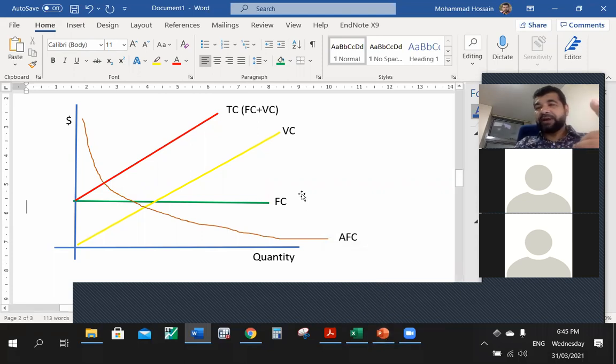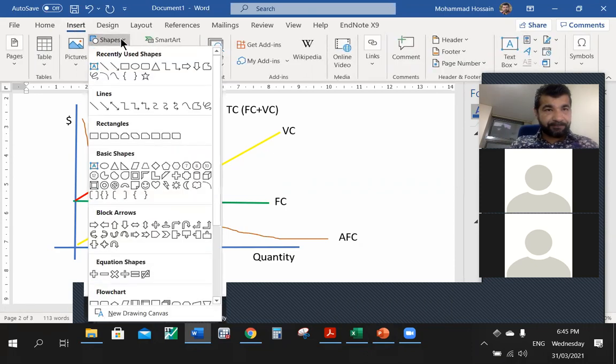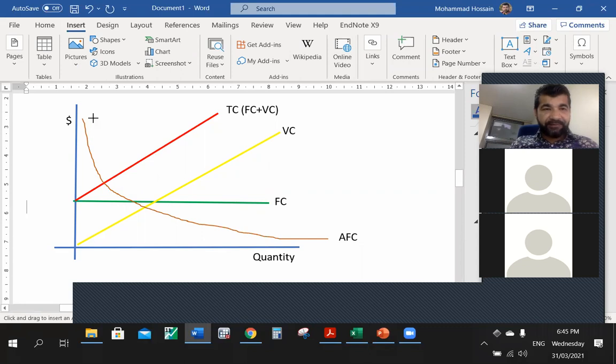Then let's talk about average variable cost, how it will look like. Then we'll talk about average total cost. Average total cost will be like a U shape. Now I'm going to draw average variable cost. It will be like this.